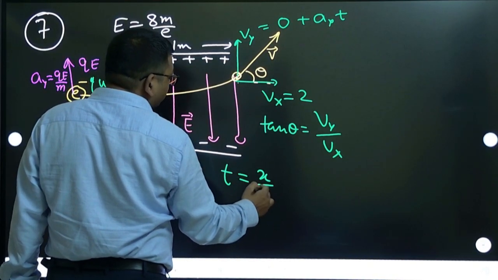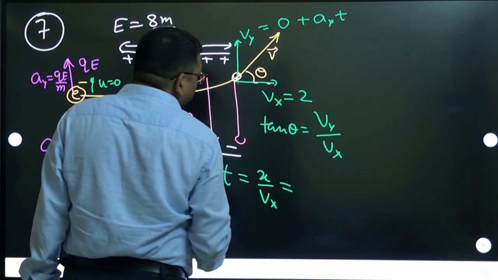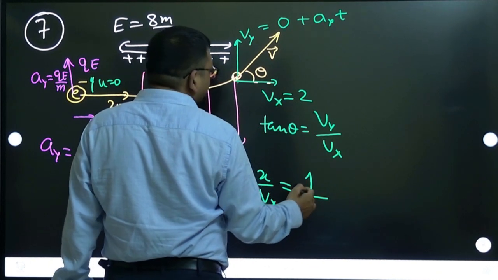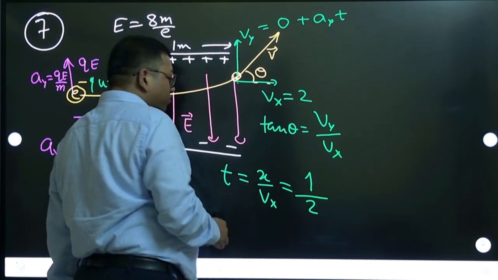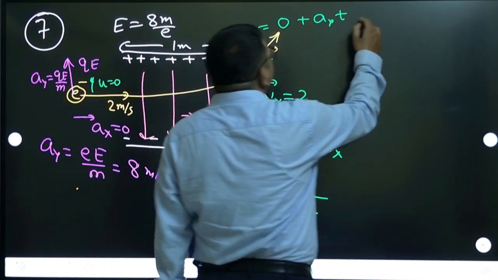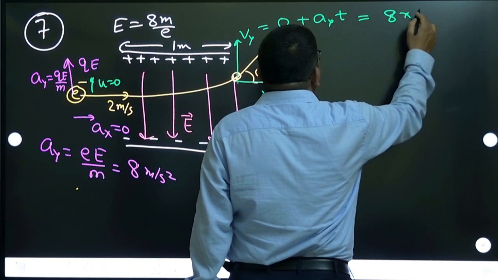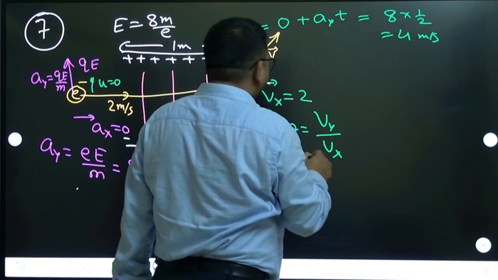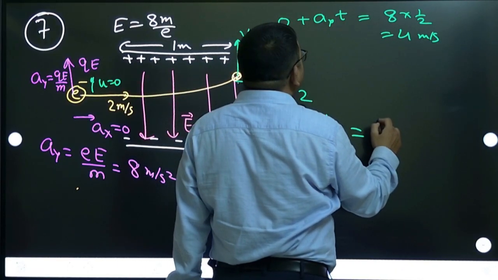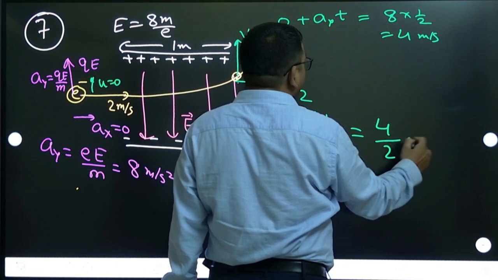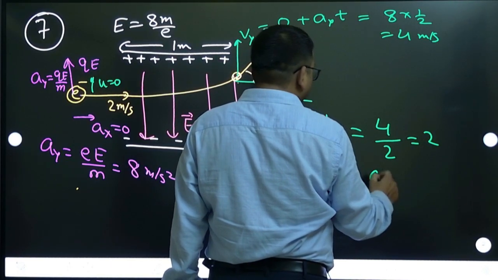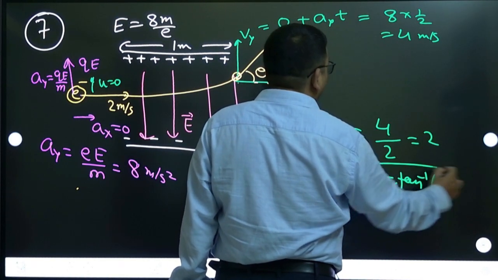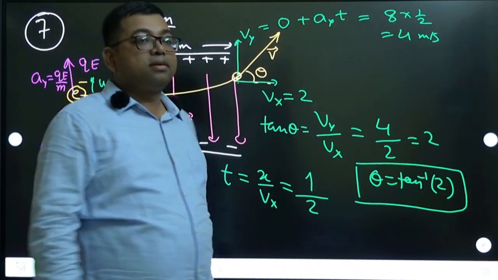The x distance is 1 meter and the speed along this is 2, so 1 by 2 is the time. Substitute here: ay is 8 and t is 1 by 2, that means 4. So you got Vx and Vy. Substitute in tan theta: Vy is 4, Vx is 2, that means 2. So theta is tan inverse of 2. That's all. Clear? Yes.